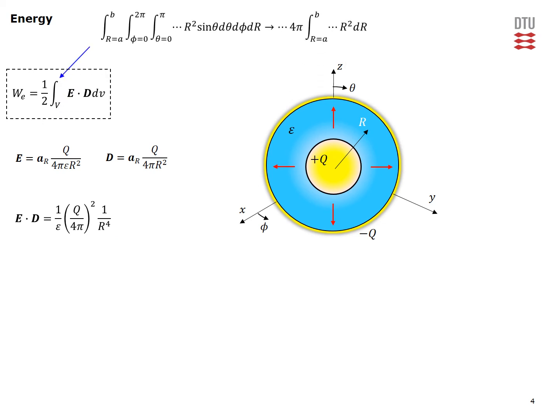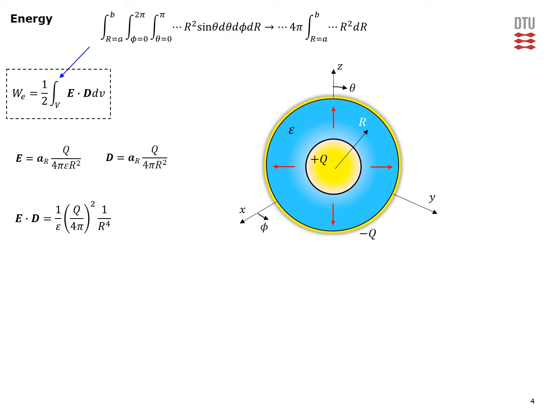So the volume integral is of course throughout the volume of our spherical capacitor, which is essentially integrating over the volume of the dielectric where the fields exist. So that will be in the radial coordinate going from the inner to outer conductors, phi going from 0 to 2 pi and theta going from 0 to 2 pi.